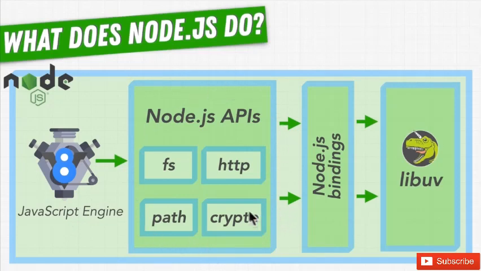And when we call one of the functions in these APIs, they go through the Node.js bindings and are handled by libuv in some way. So let's explore exactly what's going on when our code goes through the flow we see here.